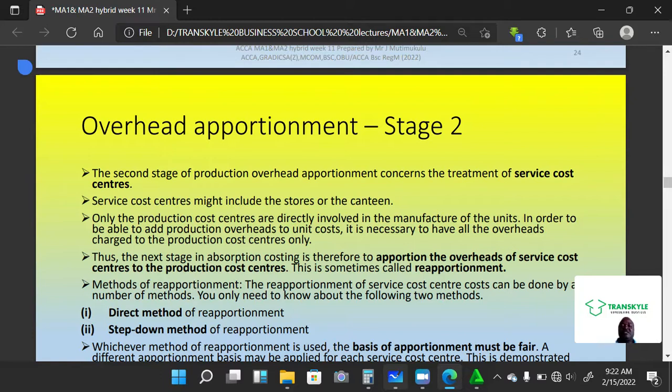Service cost centers might include stores and or canteens. Stores or the canteen, these are service cost centers.